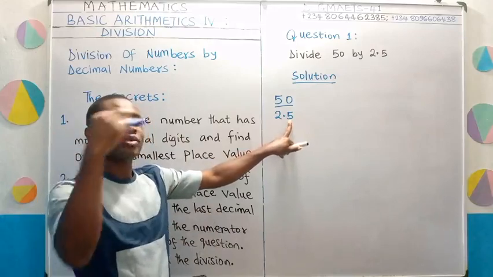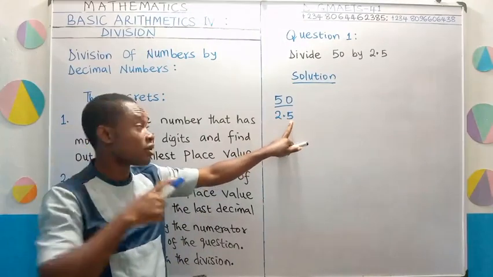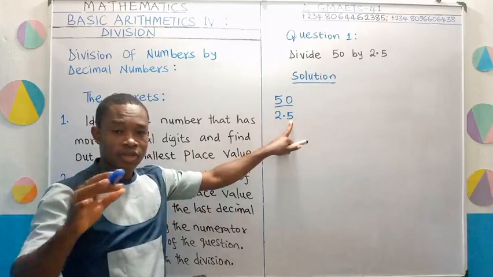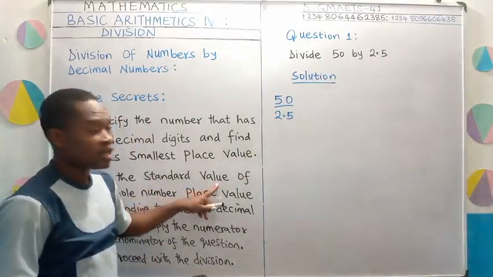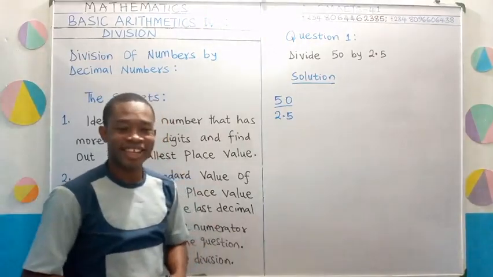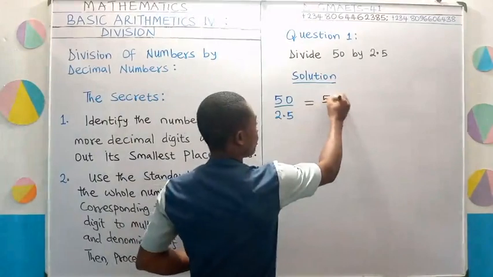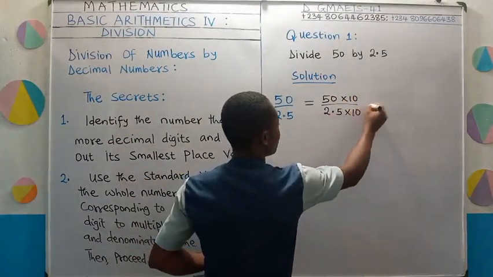Which place value corresponds to this tenths? The place value in whole numbers that is similar to this tenths is tens. And what's the standard value of that tens? The standard value of tens is 10. So I'm going to multiply the numerator and denominator by 10. So this is 50 times 10 all over 2.5 times 10.